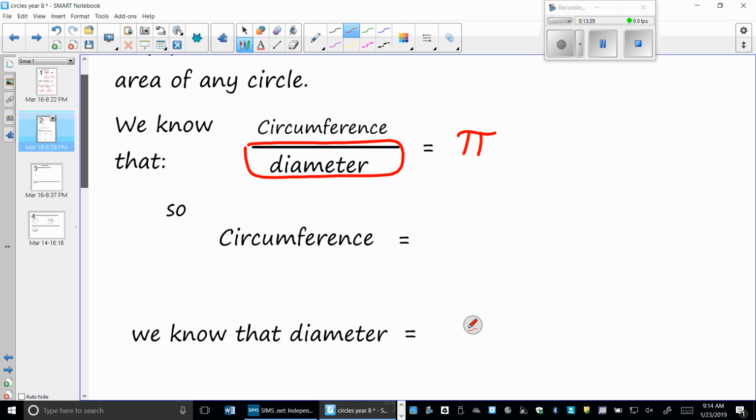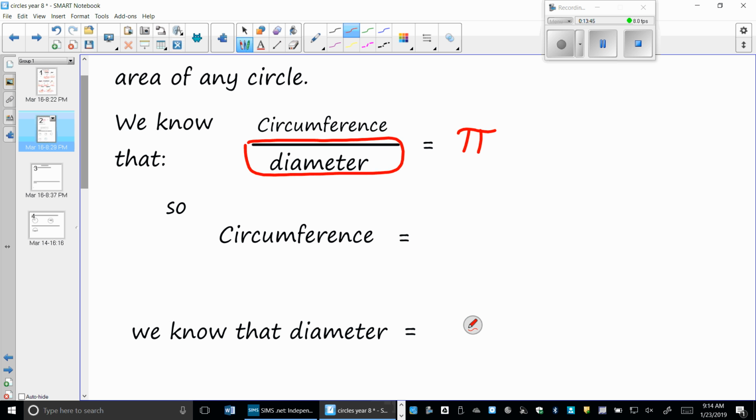So if it's being divided, we're going to have to multiply by the diameter. If we multiply this side by the diameter, it's gone. But we can't just do one thing to one side, we have to do the same thing to the other. So my formula now becomes pi multiplied by diameter.